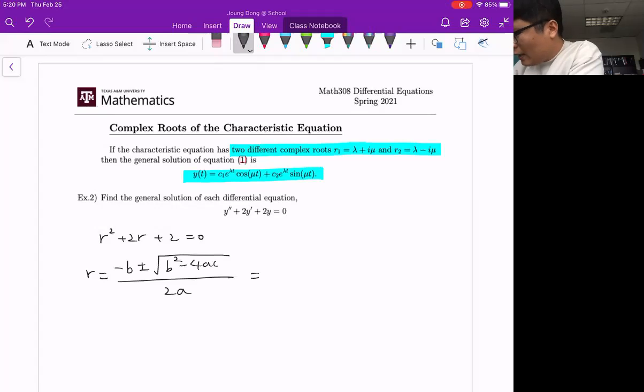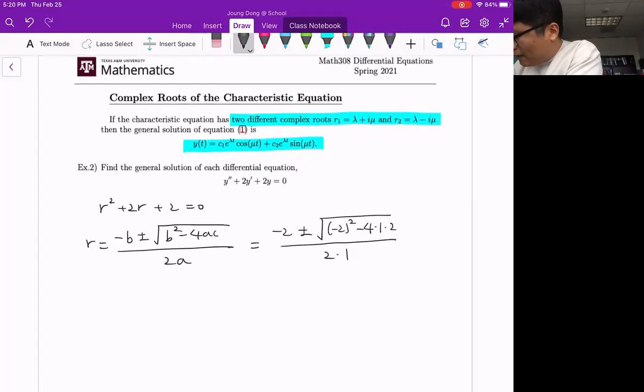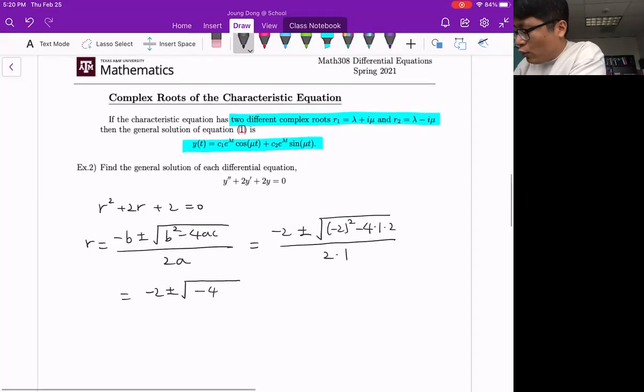Plugging in, minus 2 plus or minus the square root of minus 2 squared minus 4 times a times c over 2 times a. Let me simplify. That is equal to negative 2 plus or minus the square root of 4 minus 8, which is negative 4, over 2. That is negative 2 plus or minus 2i over 2. So it's minus 1 plus or minus i.